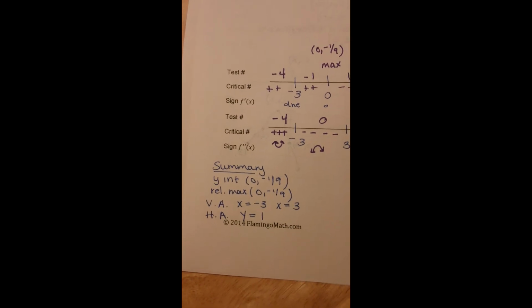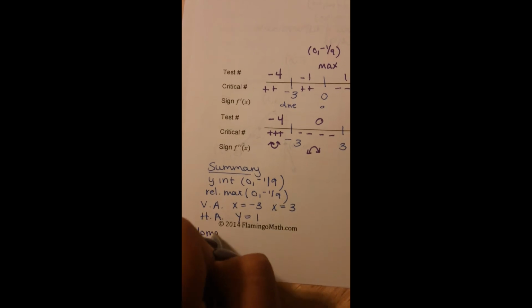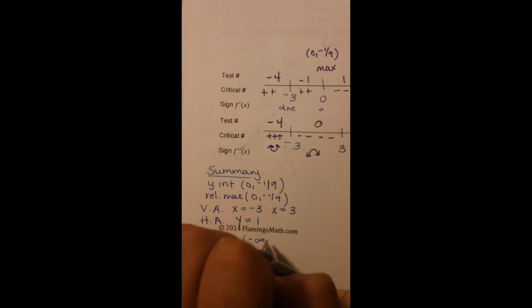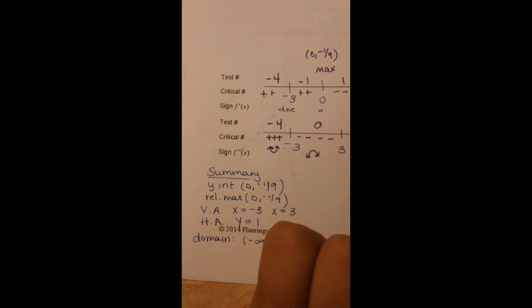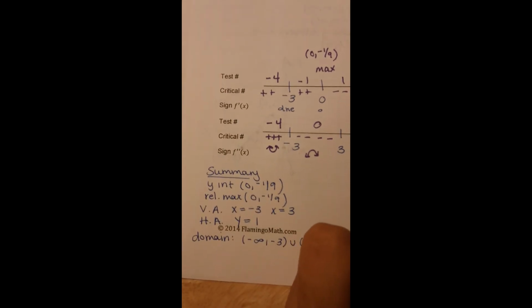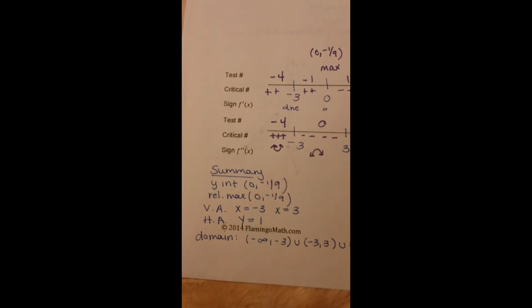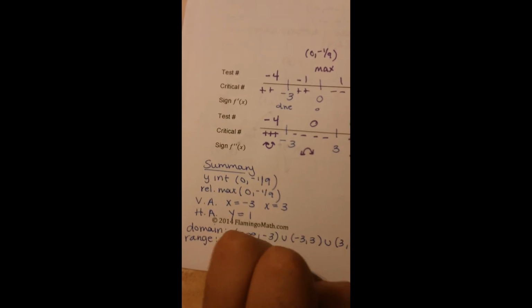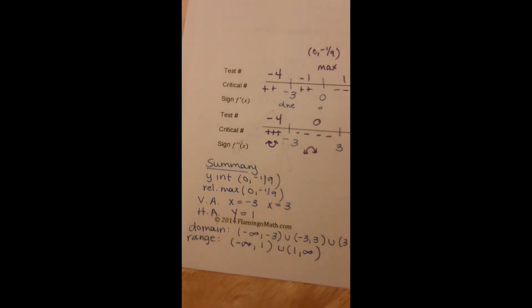We know the domain of the function is from -infinity to -3, from -3 to 3, and from 3 to infinity. The range will be from -infinity to 1, and from 1 to infinity.